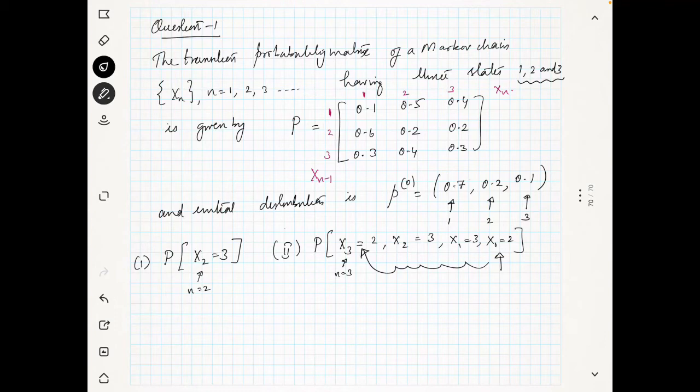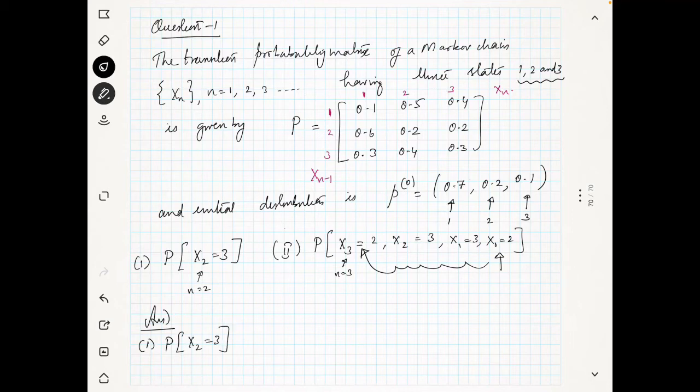Okay, that's it. Now we can see it is very easy to find what x2 equal to 3 is. So what is the first part of the problem? It is the probability that x2 is equal to 3.